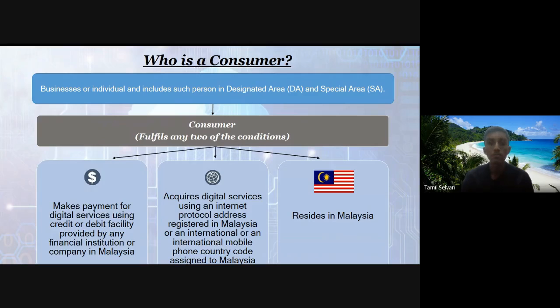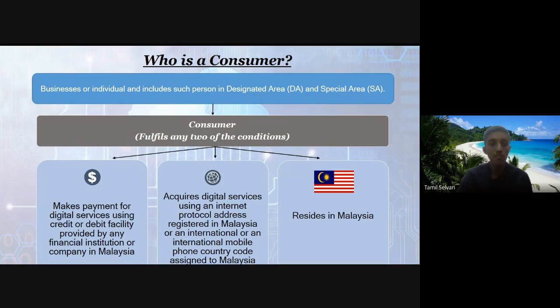So who is a consumer? A consumer could be a business or an individual, and includes such persons in designated areas and special areas. Designated areas are Labuan, Langkawi, and Tioman, and special areas include free zones, licensed warehouses, and joint development areas, for example. To qualify as a consumer, one has to fulfill any two of these conditions.